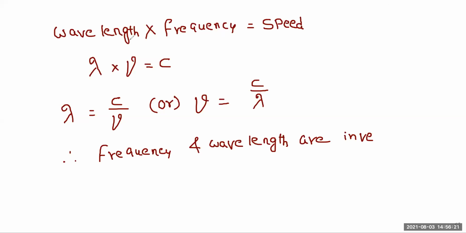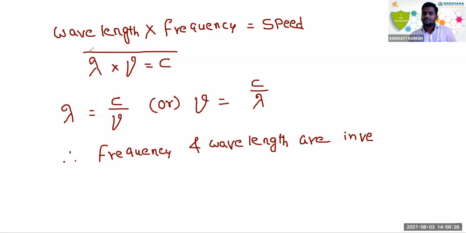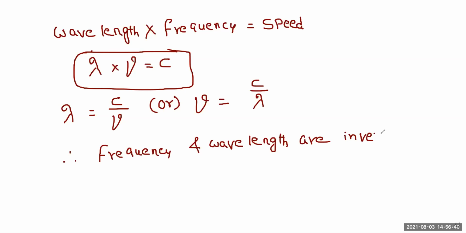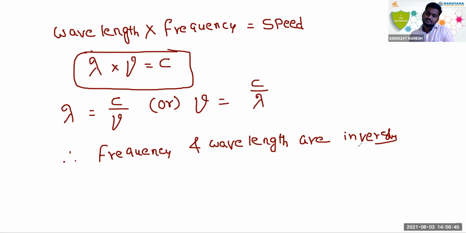According to this formula, lambda into nu is equal to the speed of light. From that, lambda is equal to c by nu, or nu is equal to c by lambda. So frequency and wavelength are inversely proportional.